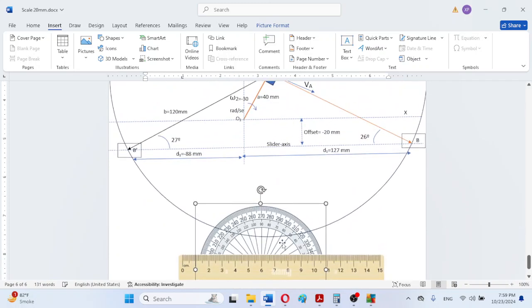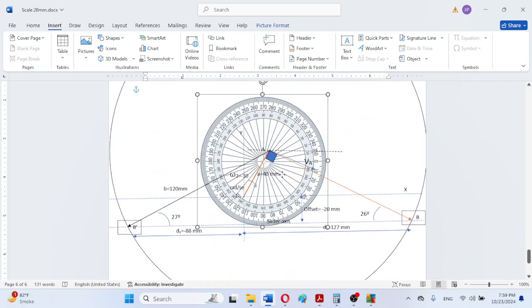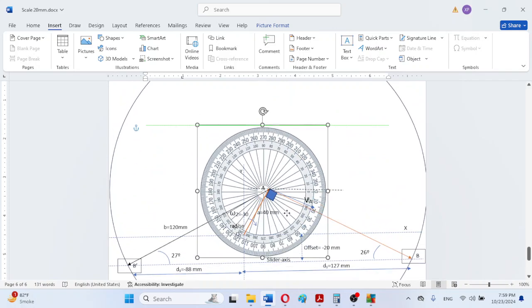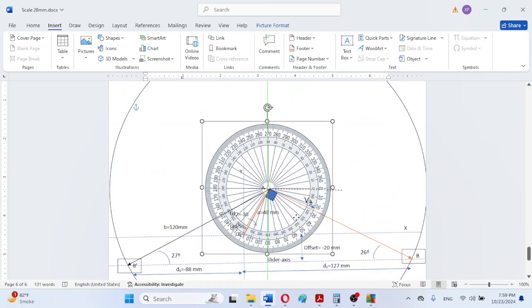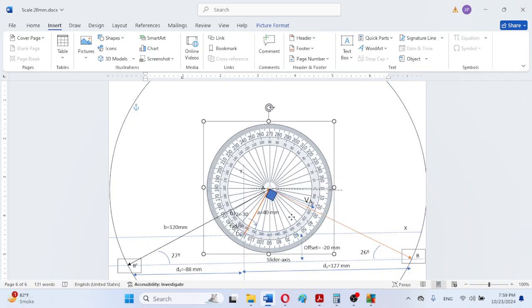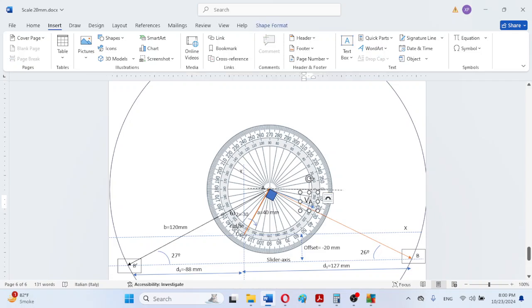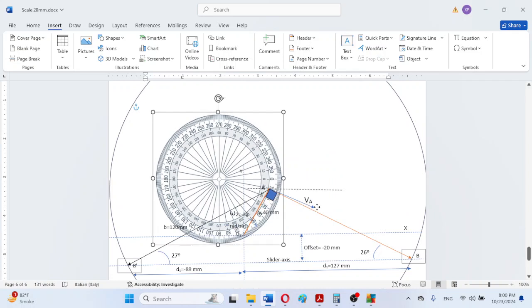We will move this protractor to this location, here at the 0 line, and we can increase the length of this vector.